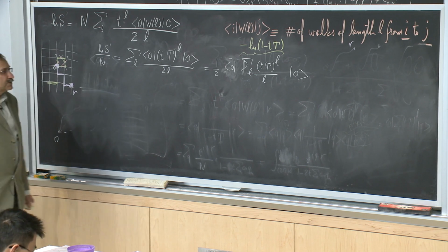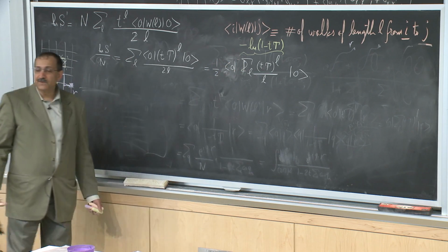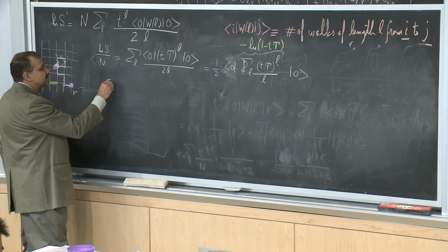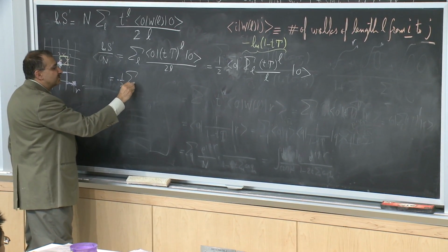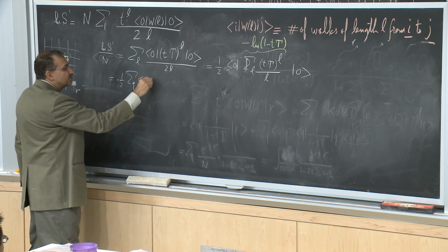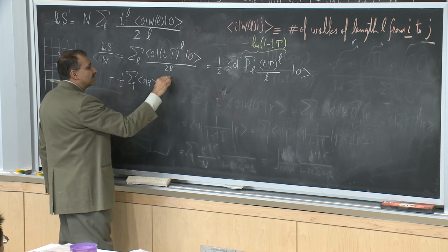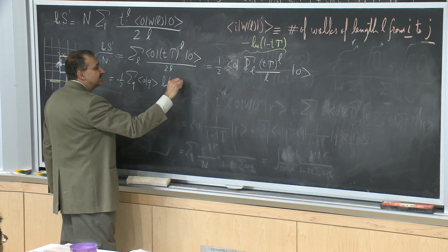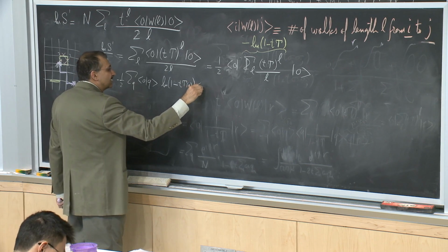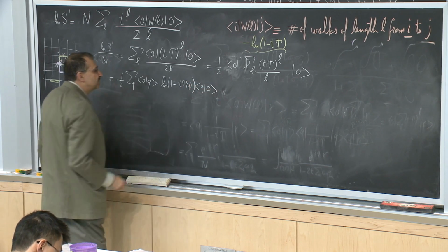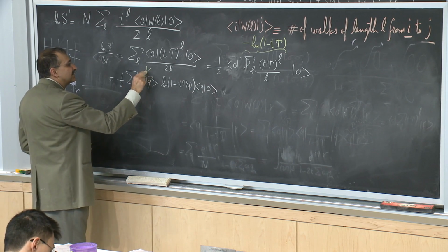So I can again go to the Fourier basis, write this as minus 1/2 sum over q, <0|q>, log of 1 minus t, the eigenvalue t of q, and then <q|0>. Each one of these is just a factor of 1 over square root of n.